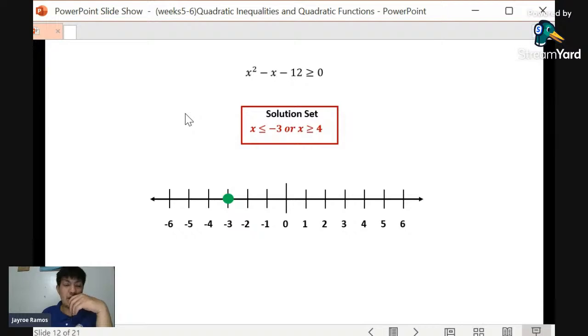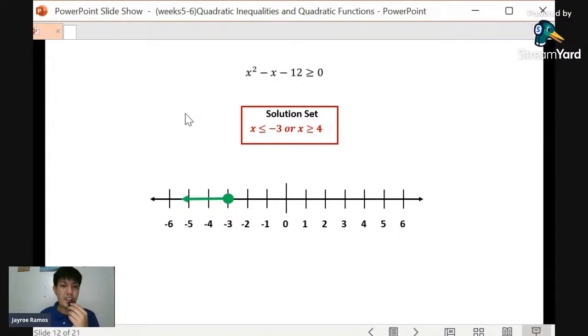Katulad nga ng sinabi ko, kapag may equal na, so x is less than or equal, dapat shaded na yung ating graph. So kaya yung negative 3 dyan, shaded na. And since less than yan, so it will point towards the left side. So that is the graph.